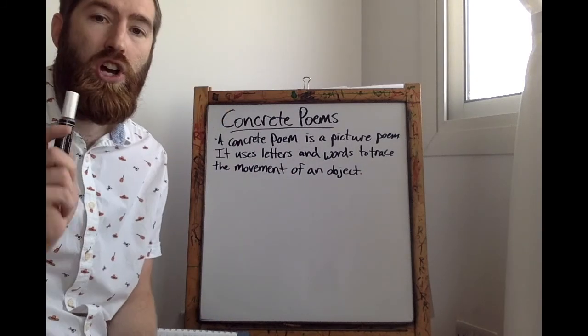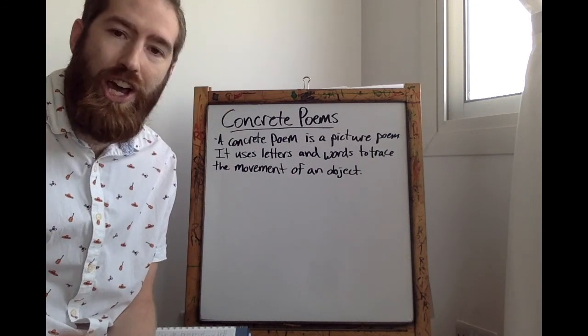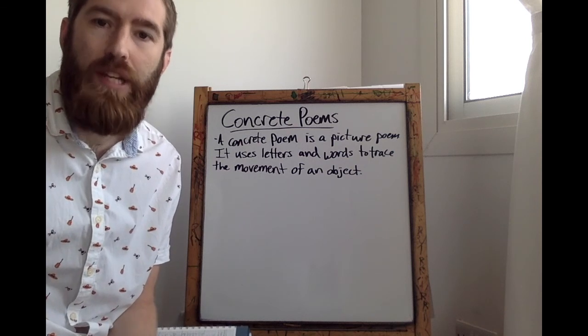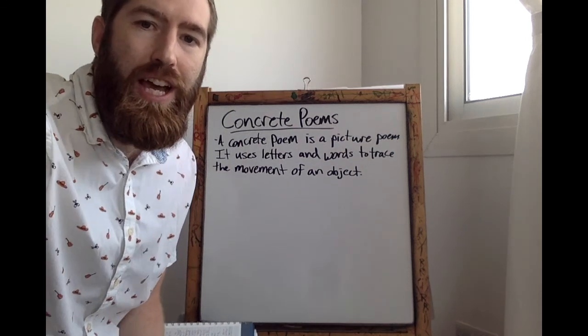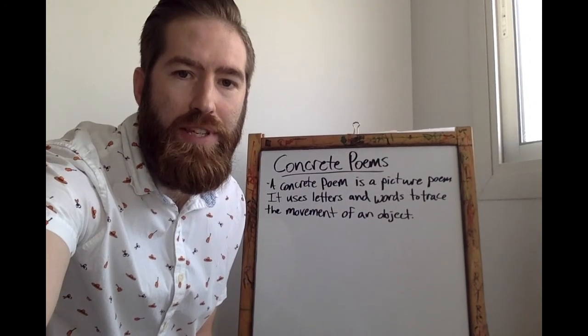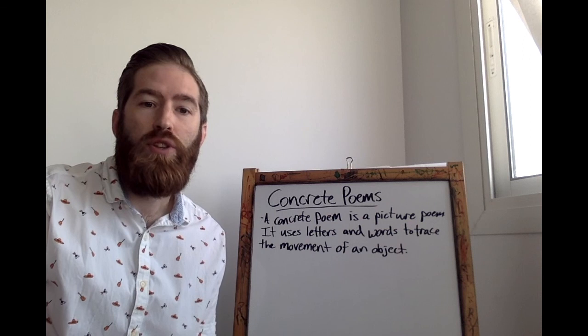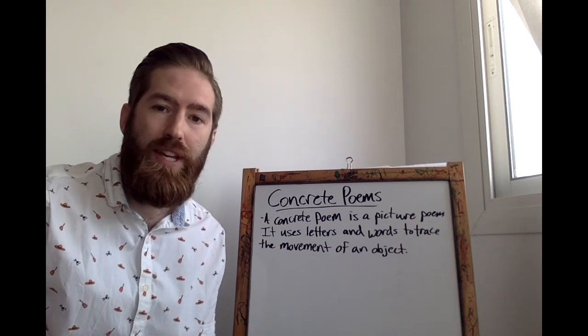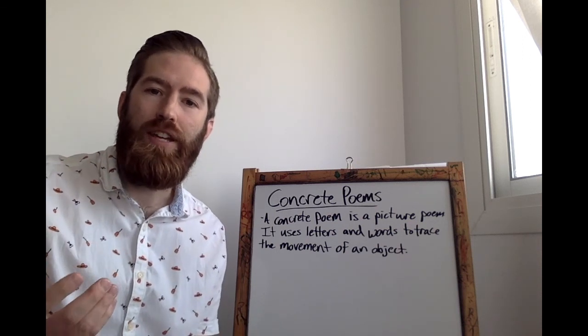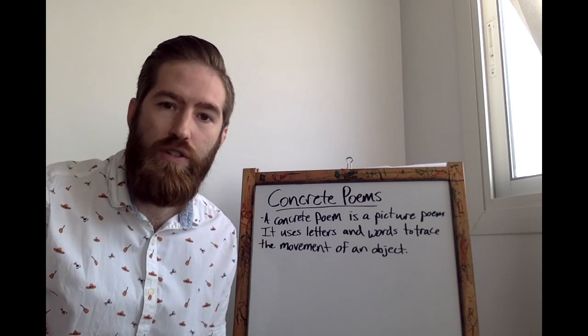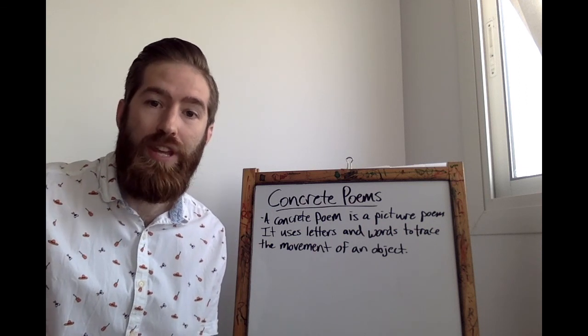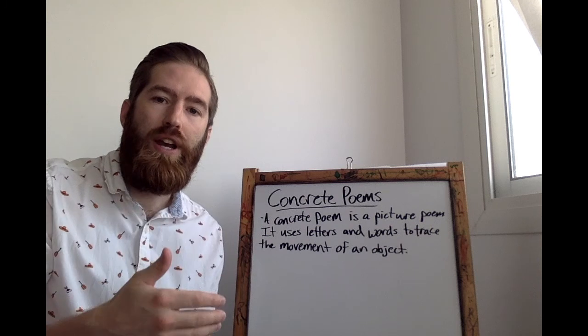The great thing about concrete poems is they automatically help people with something. So yesterday you learned about a term that Miss Mavish taught you, and it's called imagery. So the great thing about concrete poems is they automatically allow the reader to form imagery in their head. So they imagine what you're writing about.